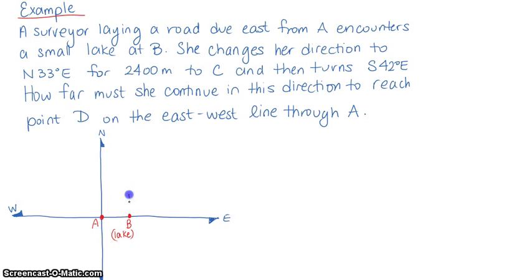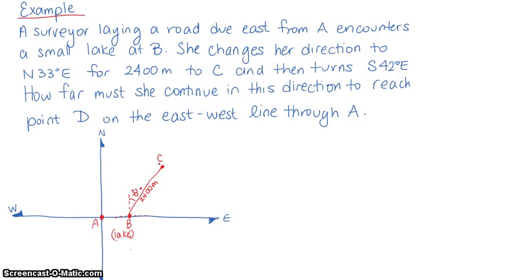So based on where she is physically, we make a little grid. From the north, she's going to go 33 degrees towards the east. And it tells us that she's going to go for 2,400 meters. So let's make that distance here. Okay. And that is point C.